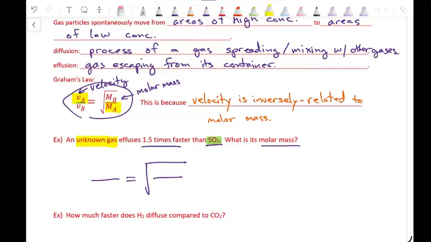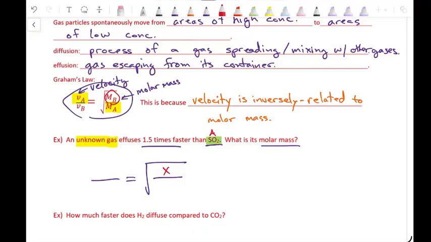But my unknown molar mass is what I'm looking for. I'm looking for the unknown molar mass, or the molar mass of the unknown gas. So the way I'm going to do this problem is I'm going to solve for the molar mass of what I will call gas B. That's my unknown. It goes on top. And then the molar mass of the other gas, gas A, is going to be SO2. So I would just go to the periodic table.